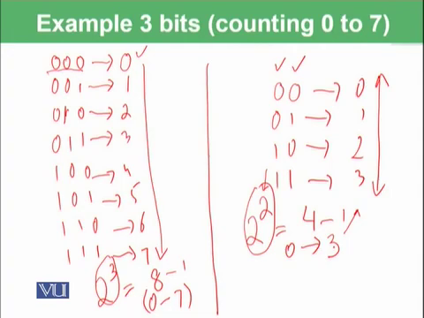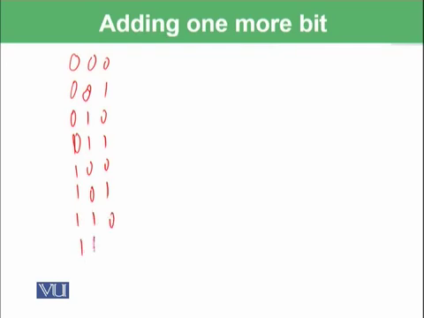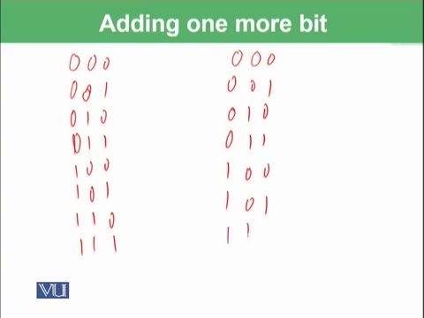Let's see whether it holds for 4 bits or not. We take the same 3-bit combinations, 000 to 111, and another set of the same combinations.